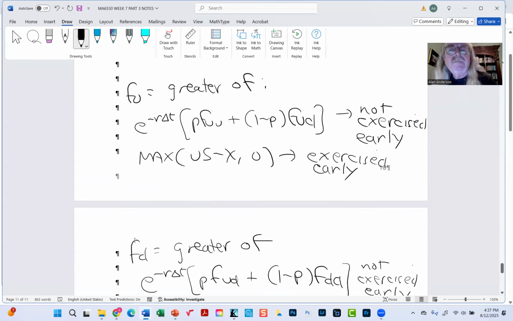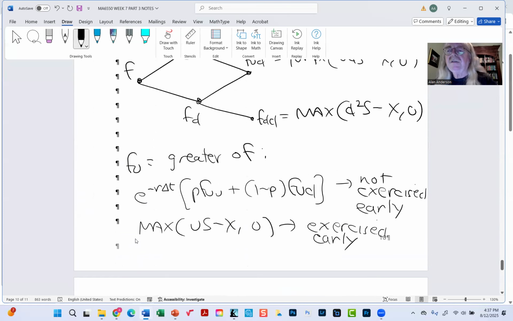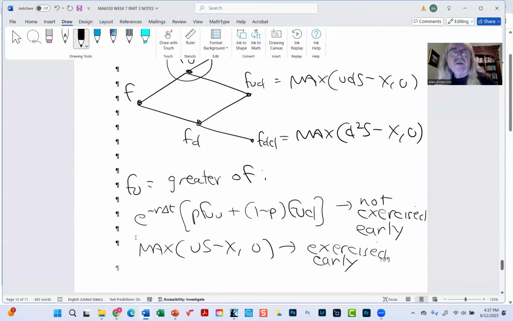Now for the put, again, the only change here is the value if exercised. So let's try the American put.